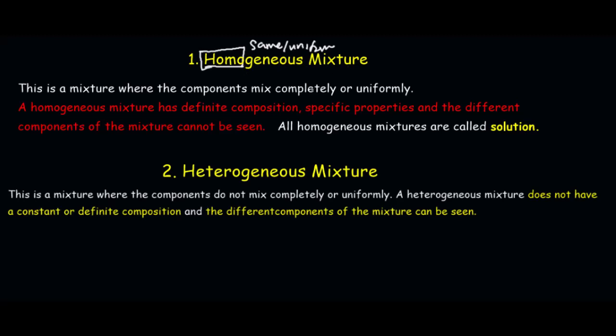Now, there are so many mixtures we see around, and in our daily activities, we form mixtures, adding garri to sugar, adding salt to soup, even preparing stew. All right, it's a mixture. All right, so we form mixtures all over.